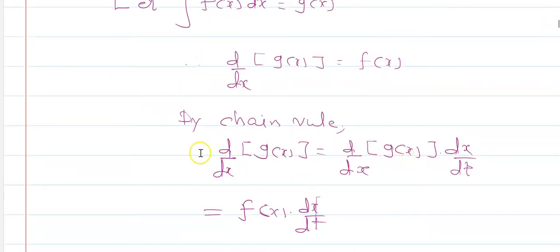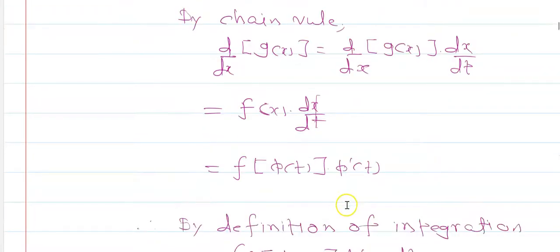Again by the chain rule, what is the chain rule? d/dt of g of x is equal to d/dx of g of x into dx upon dt. But we know the value: the derivative of g of x is f of x, and here is dx upon dt.